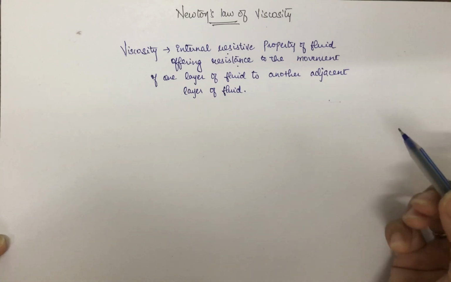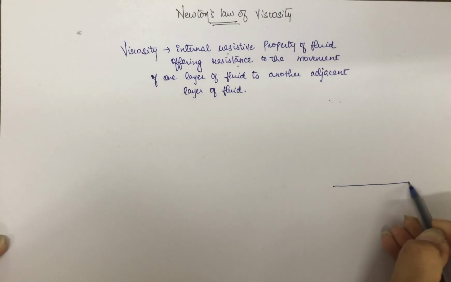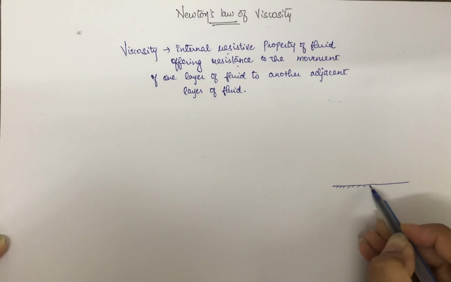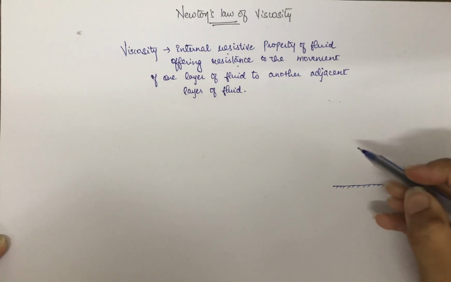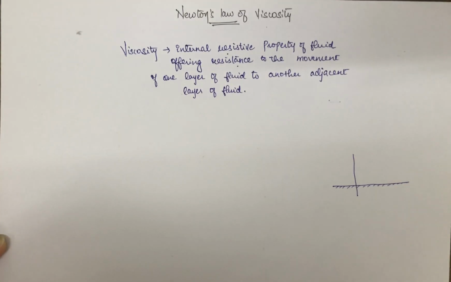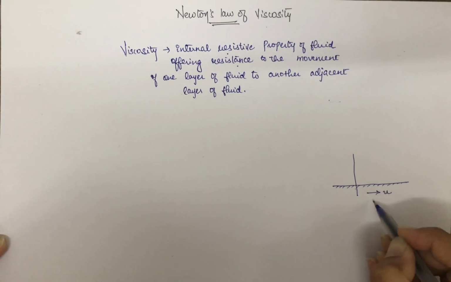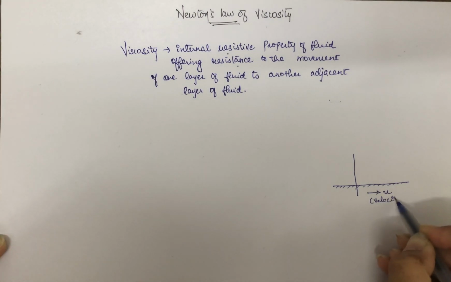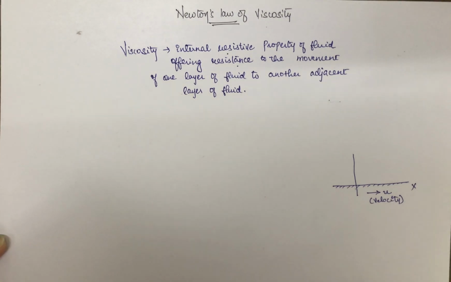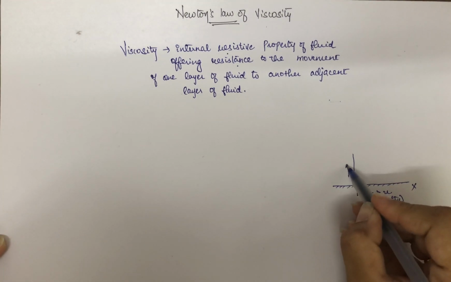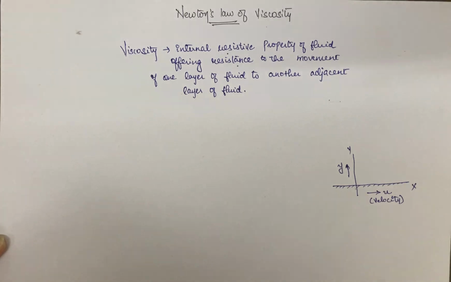To understand this, let us consider a solid boundary and a section over it. Along this section, let us consider the velocity u varying in the direction of x, with a distance y in the direction of y.